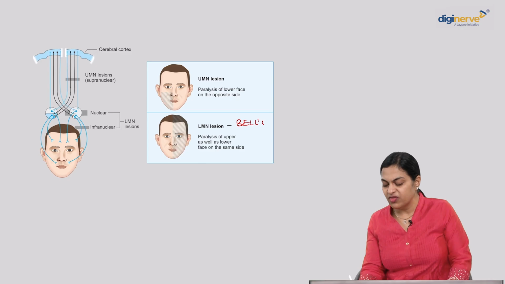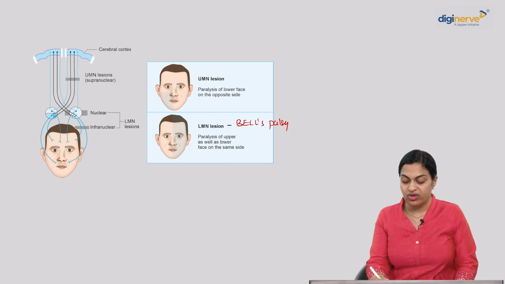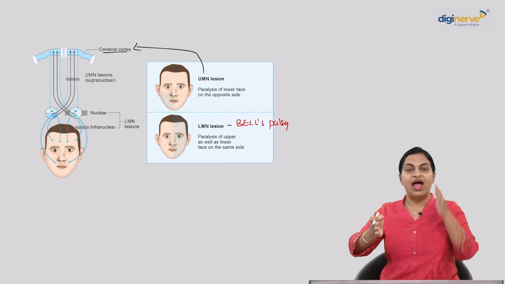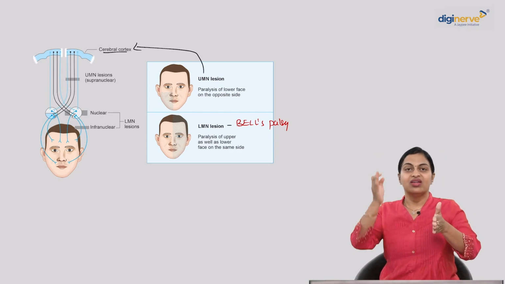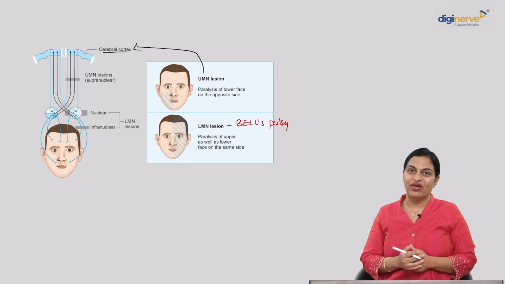There's a major difference between upper motor neuron and lower motor neuron type of facial palsy. What do you mean by upper motor neuron? The neurons which are seen in the cerebral cortex. We have a right and left cerebral cortex. The right cerebral cortex has control over the left side of the body, isn't it?